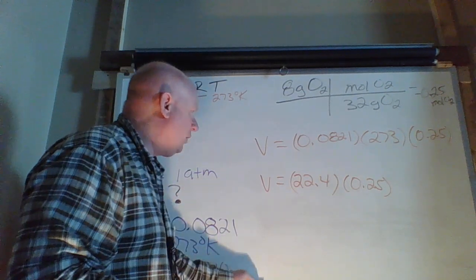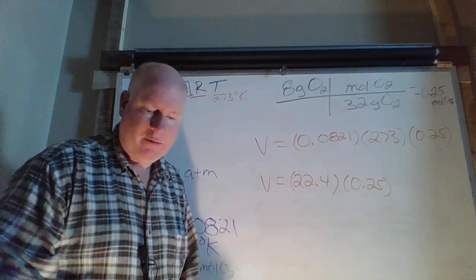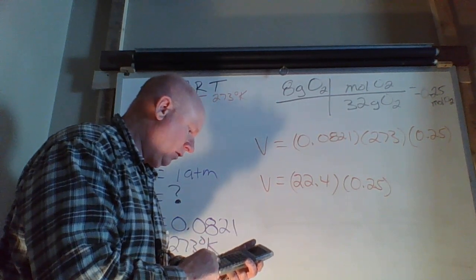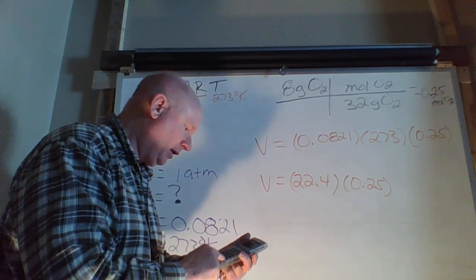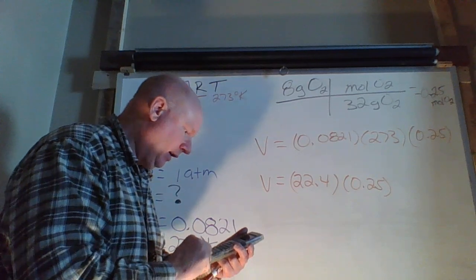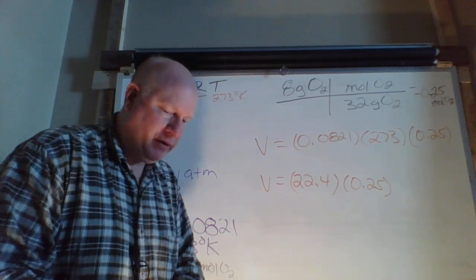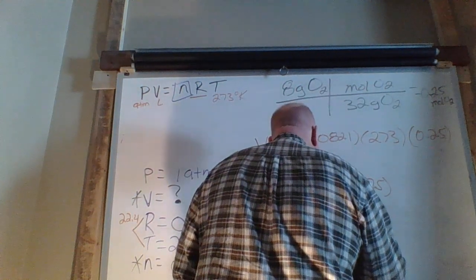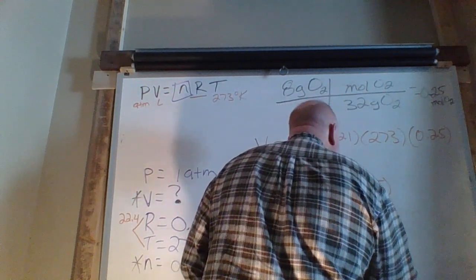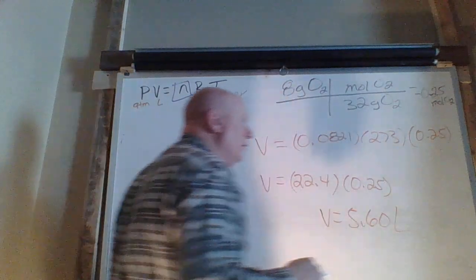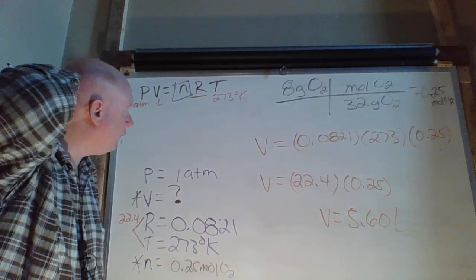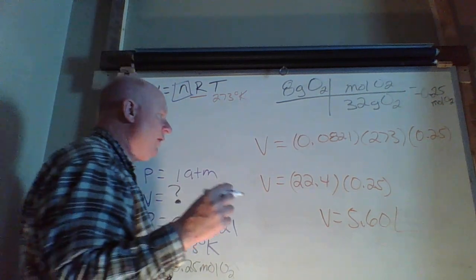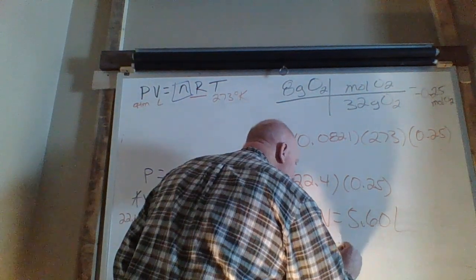So 22.4 times 0.25 gives you approximately 5.60 liters. Volume equals 5.60 liters. So if this was asking for what was the volume in milliliters, again, you would just divide that by 1,000.